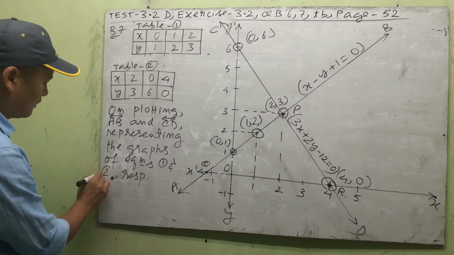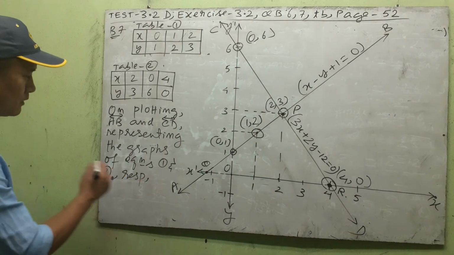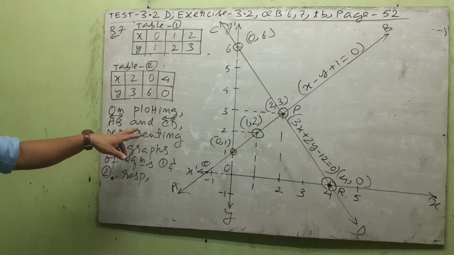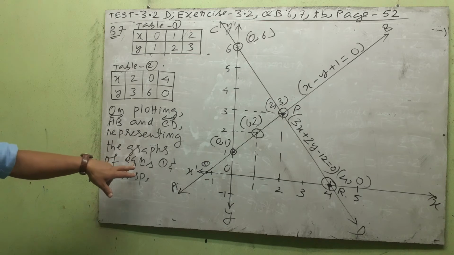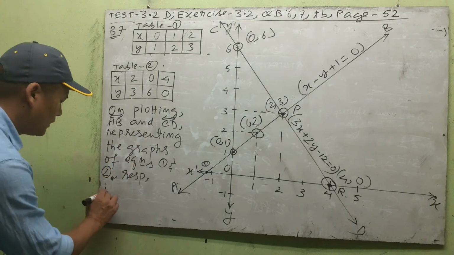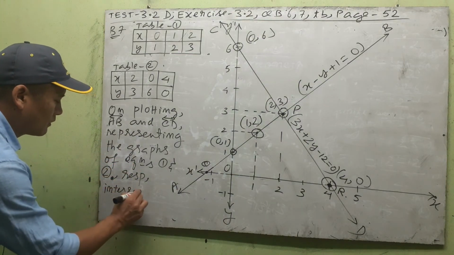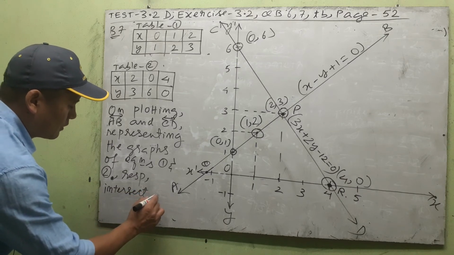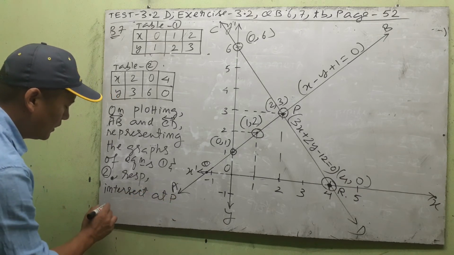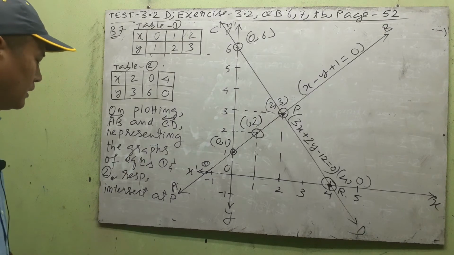On plotting, AB and CD, which represent the graphs of equations 1 and 2, intersect at P.